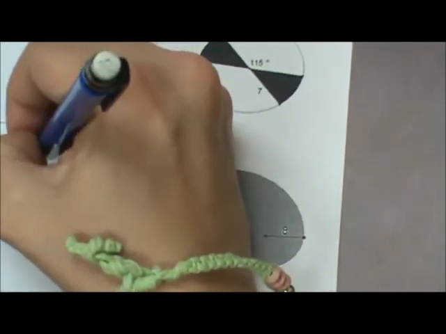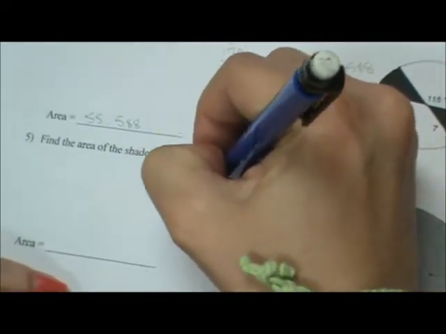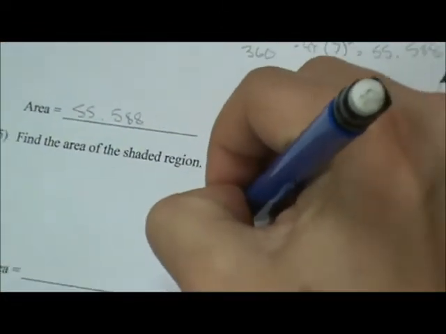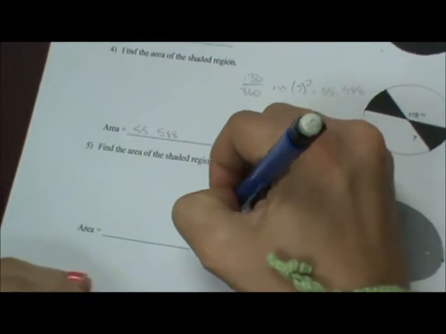For number 5, we have to find the area of the shaded region, and that's the butt problem, as Mr. Brown called it once. With that one, we have to find the area of the half circle.